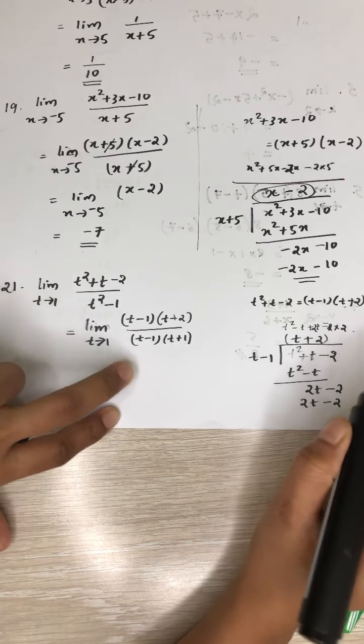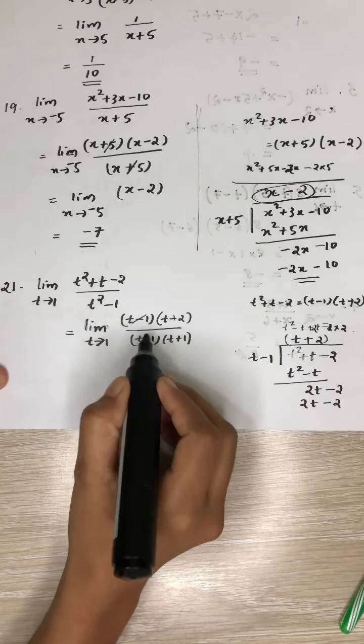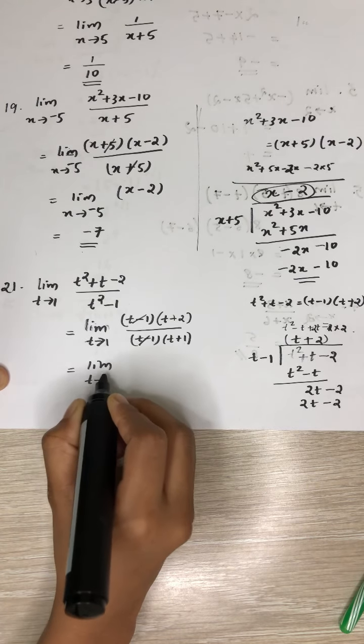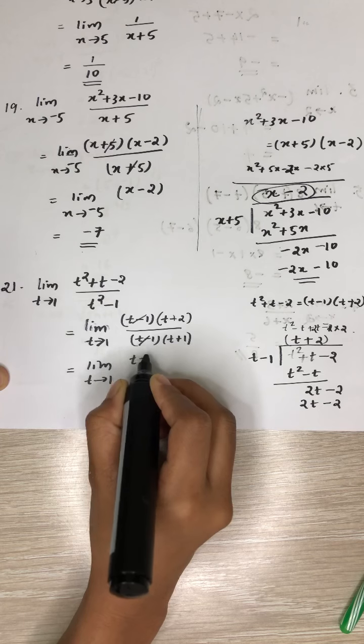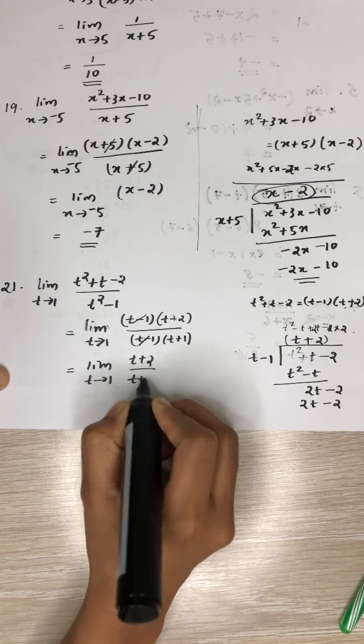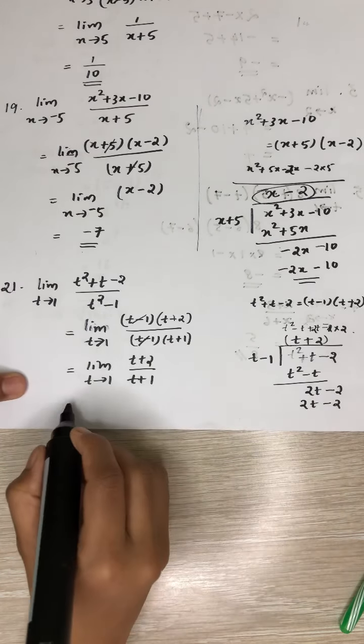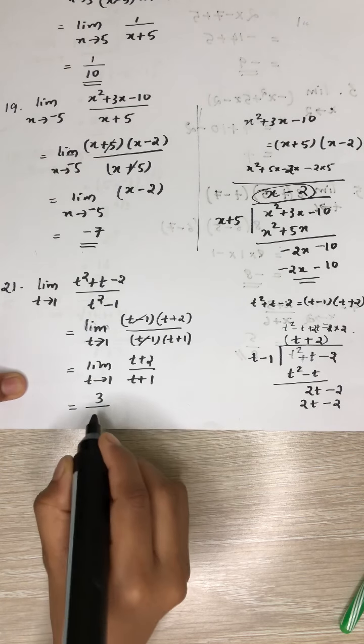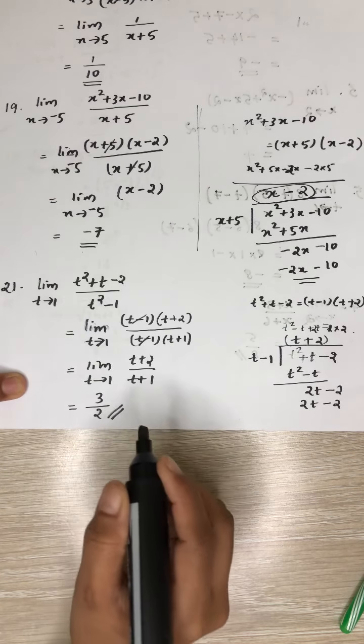The other factor is t plus 2. So cancelling, we get limit t tends to 1, (t plus 2) by (t plus 1). This is equal to 1 plus 2 is 3 and 1 plus 1 is 2, so 3 by 2.